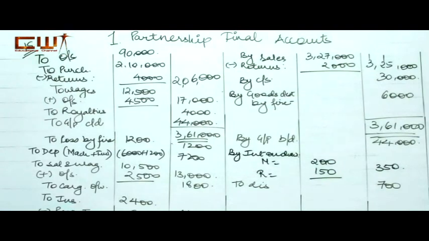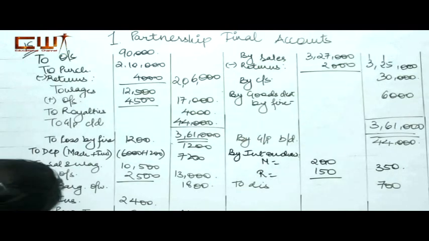What are the capitals? 90,000 and 70,000. 90,000 into 8% will give you 7,200, and next is 70,000 into 8%, which will give you 5,600. So you have 7,200 and 5,600.